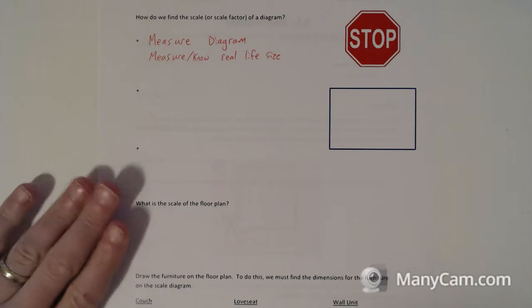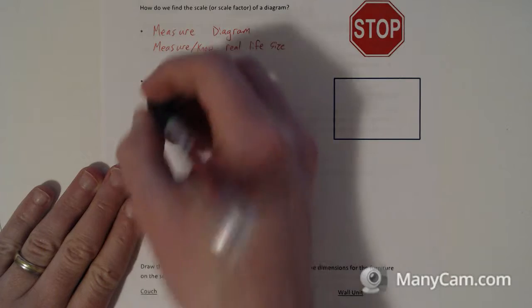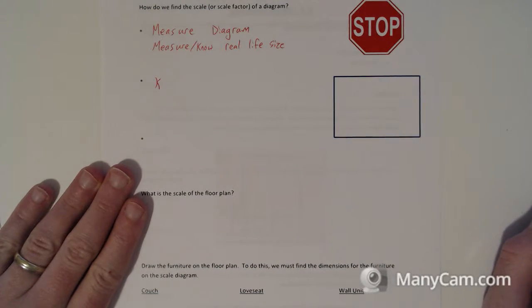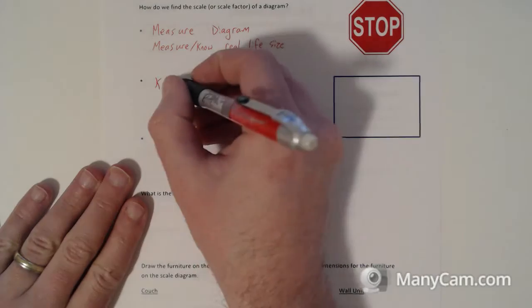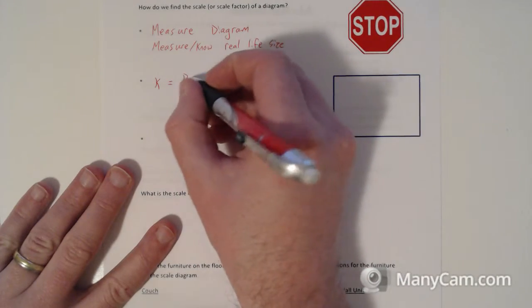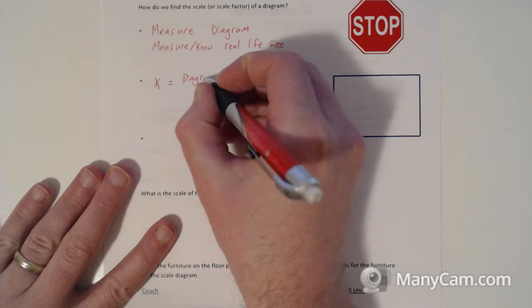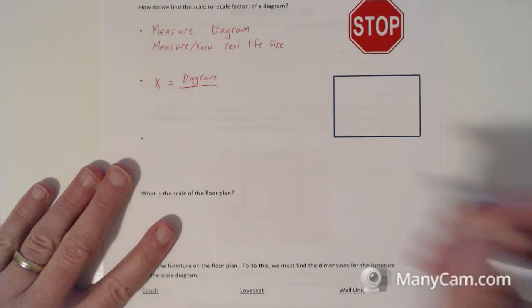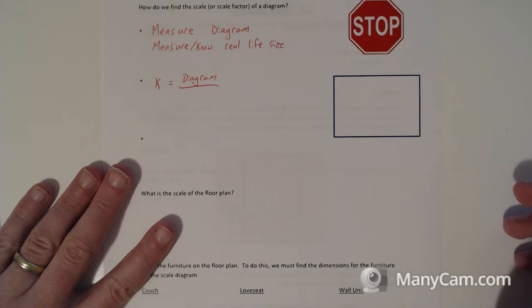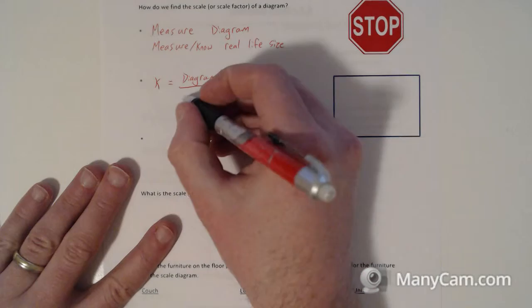If we know both of those things, then we need to set up, and we usually call it a K. So we'll call the K value the scale factor. And the scale factor is always what the diagram measurement is, and we usually start it as a fraction. Sometimes we can represent it a whole bunch of different ways, but we usually start as a fraction. Diagram over real life.